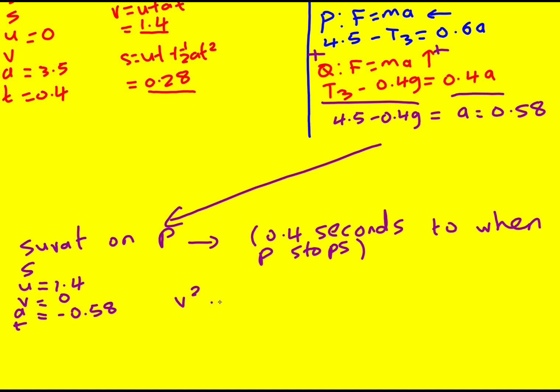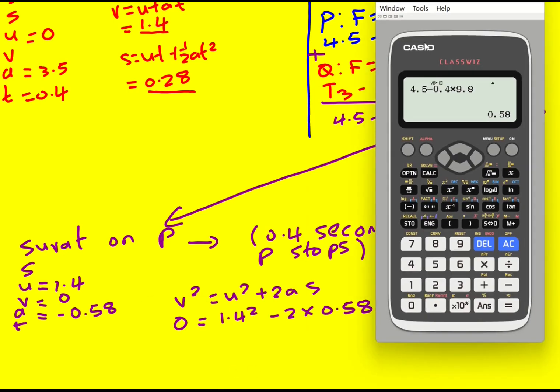So I can do V squared equals U squared plus 2AS, ignoring the time. 0 is equal to 1.4 squared minus 2 times 0.58 s, and that means s is going to be 1.4 squared divided by 2 times 0.58.